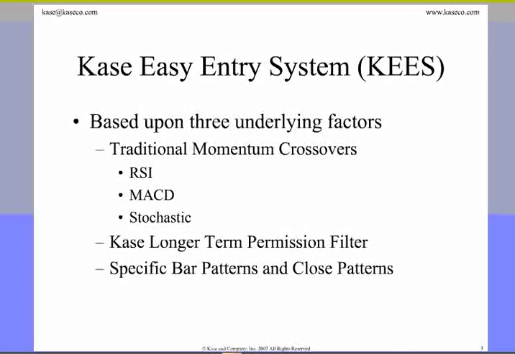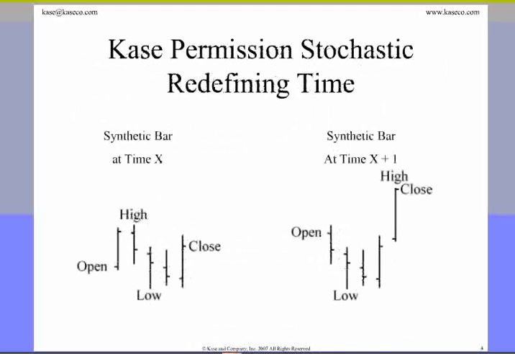That is, we have a filter that acts in a higher time frame and has some unique characteristics that we will review as we go forward that speed it up and make it more sensitive than a regular higher time frame filter. And then also we look at specific bar and close patterns.